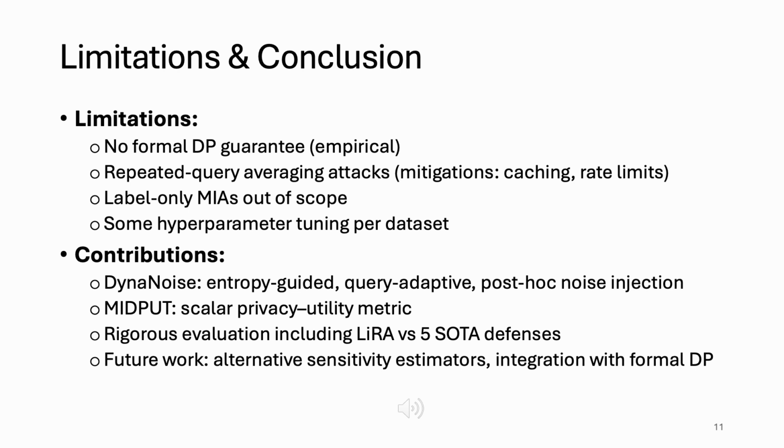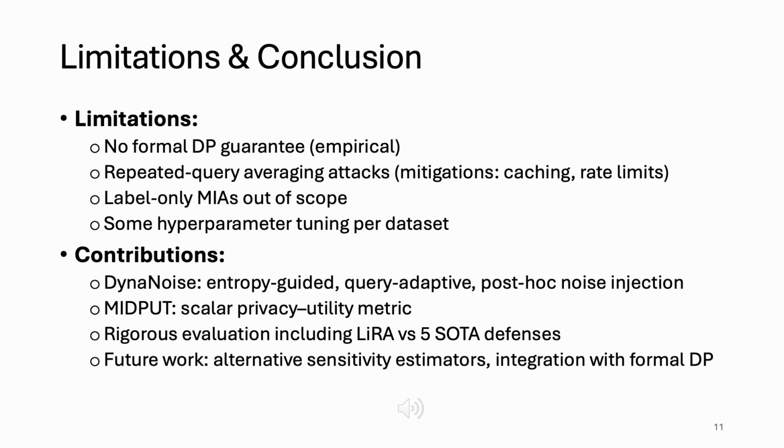Now let's discuss the limitations and conclude the presentation. So to be transparent about limitations, I need to say that DynaNoise is an empirical defense. We don't provide formal differential privacy bounds, and deriving them for entropy-adaptive perturbation is an open problem.